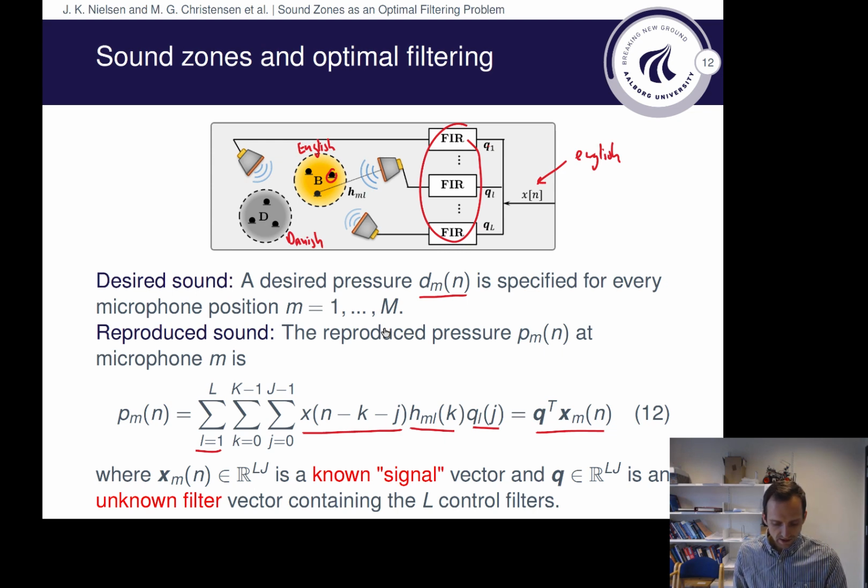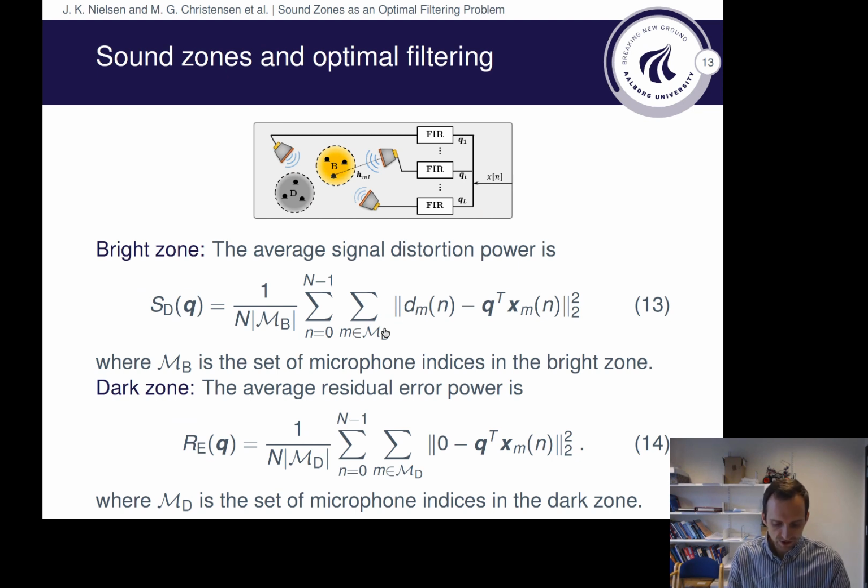Alright. So in the right zone, we measure the distance between our desired sound and the reproduced sound in the two norm, and we sum over all the microphones in that zone, and then we record the difference over a number of samples.